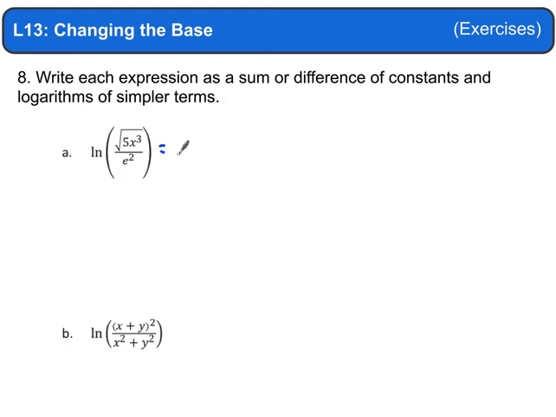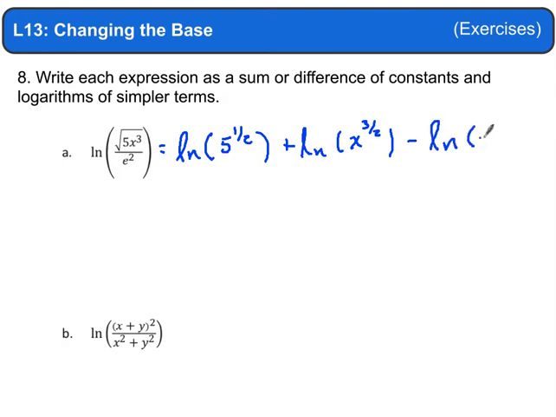So if we start with this, we would do the natural log, and we would say 5 to the 1/2 power plus the natural log of x to the 3/2 power, that's the numerator, and then minus the natural log of e squared.